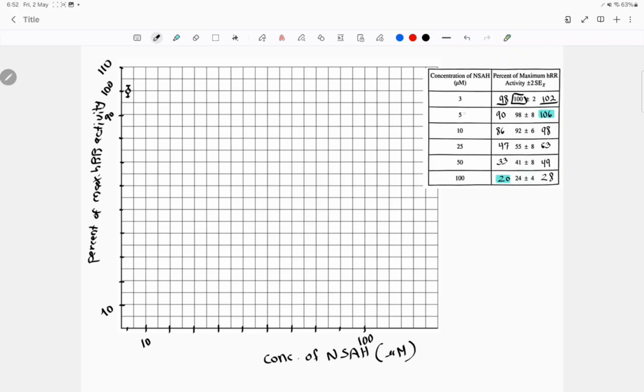My second point is a 5, which is here, and a 98. So a 5 and a 98, which is going to be here. And we should go from 90 to 106.